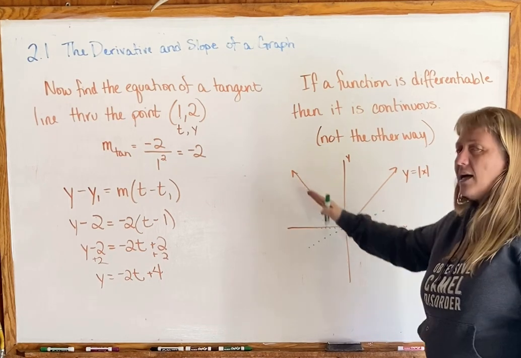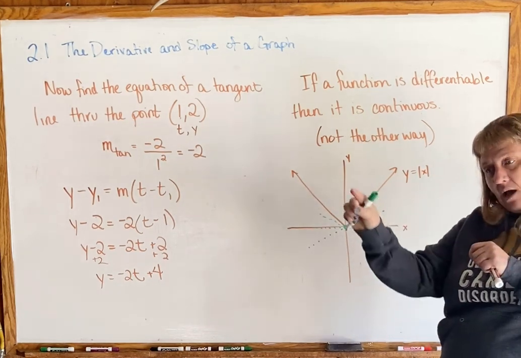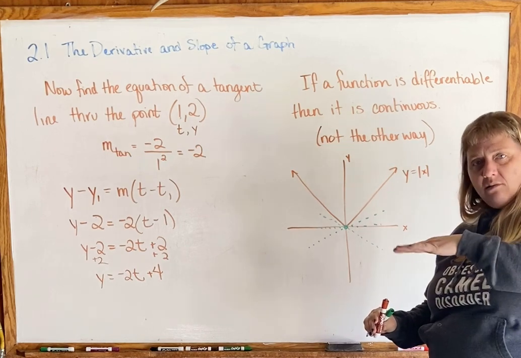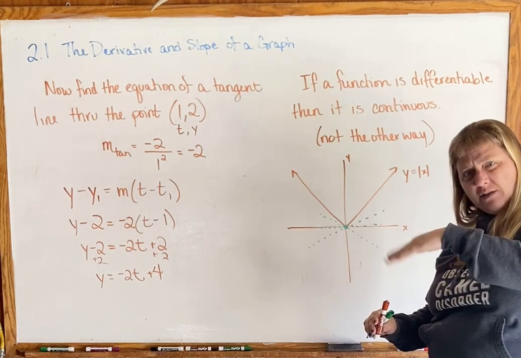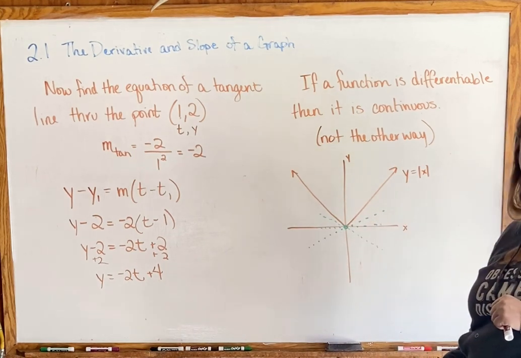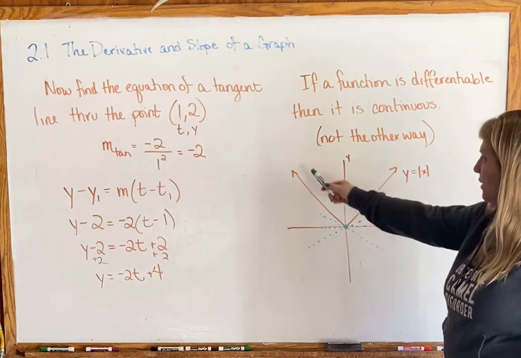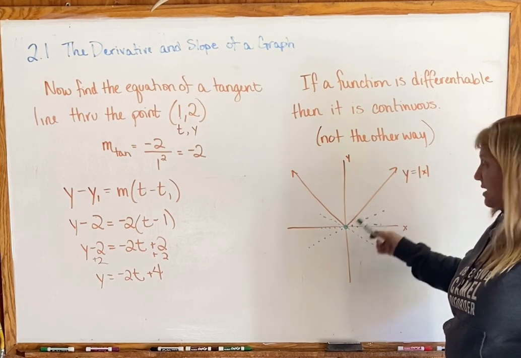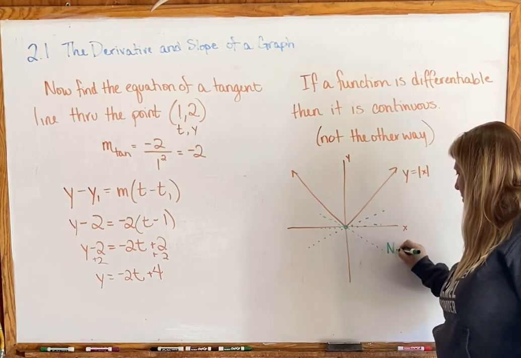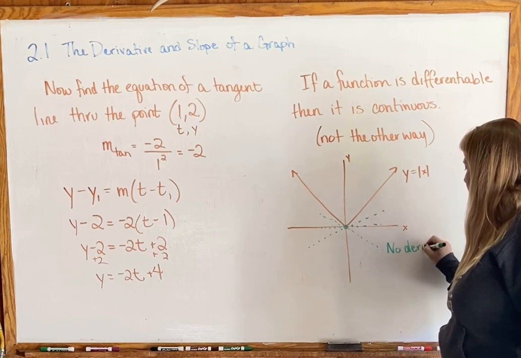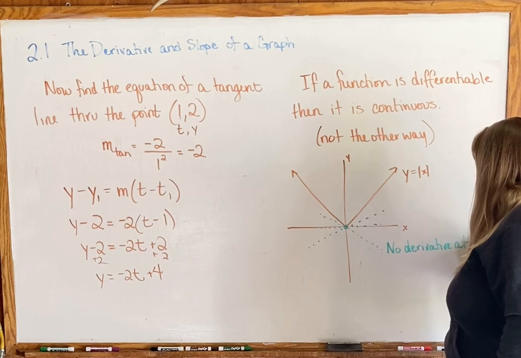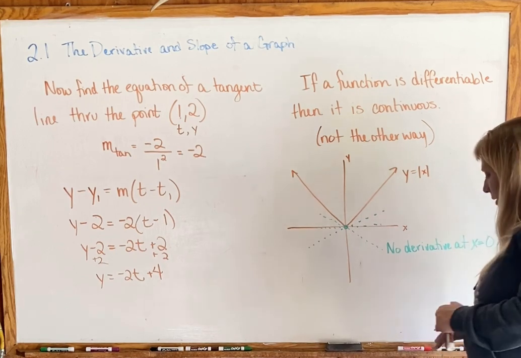Because the absolute value comes down to a point like that, the tangent line at that point could be any different slope, right? It could wobble back and forth there. So this is an example where the graph itself was continuous, but at this point right here, there is no derivative. So no derivative at x equals 0.